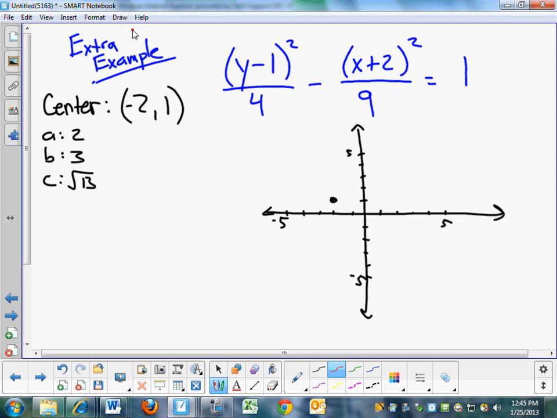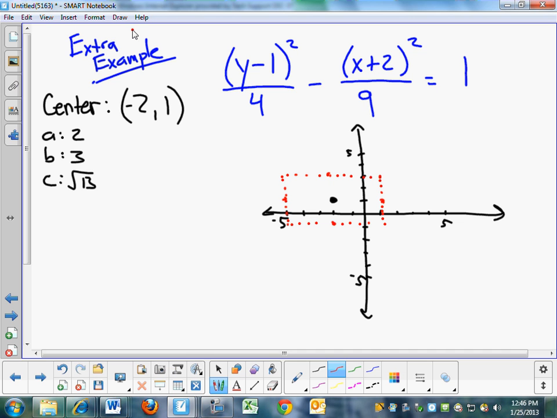You could never move 2 in the X if the 4 is under the Y. So I'm going to move 1, 2, 3, 1, 2, 3, and I'll move up 1, 2, down 2, and now I can make my nice box.